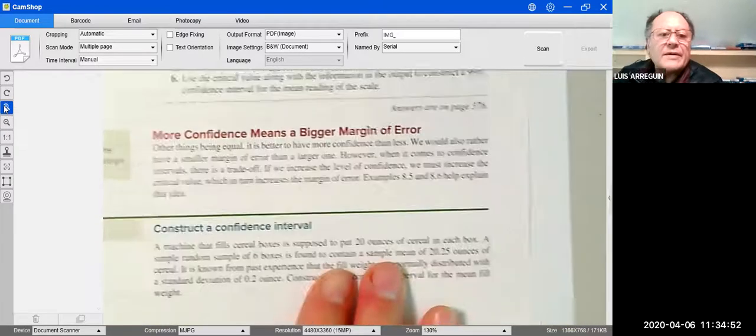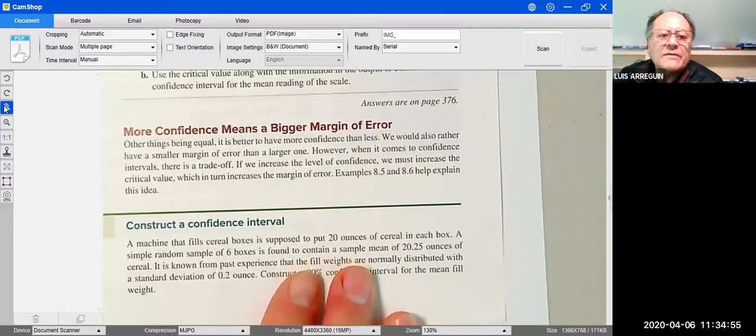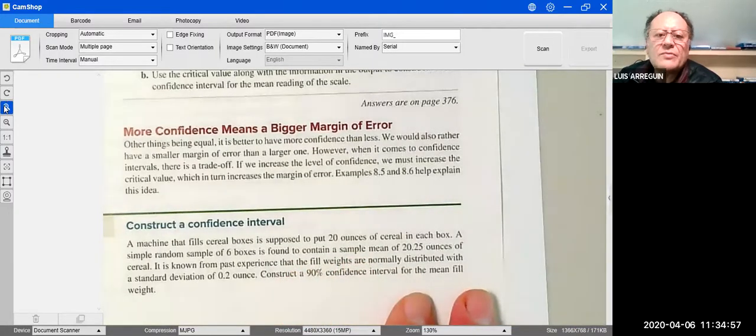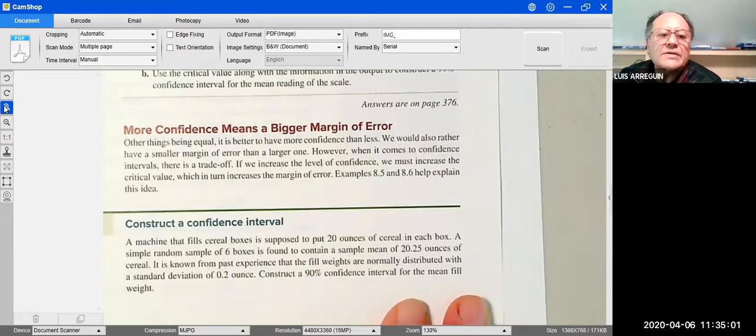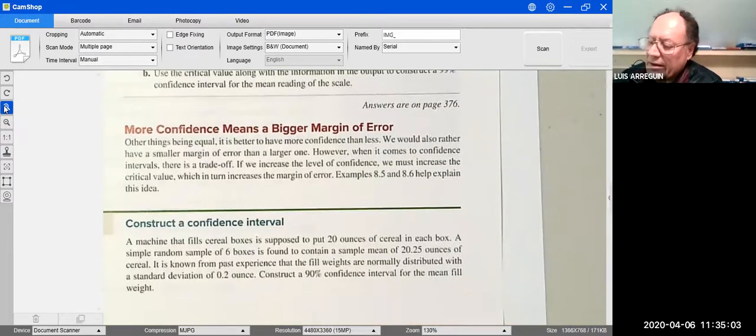Okay, we have here that a machine that fills cereal boxes is supposed to put 20 ounces of cereal in each box. A simple random sample. Again, there is information here that is important. A simple random sample of 6 boxes, so now n equals 6, is found to contain a sample mean of 20.25 ounces of cereal.